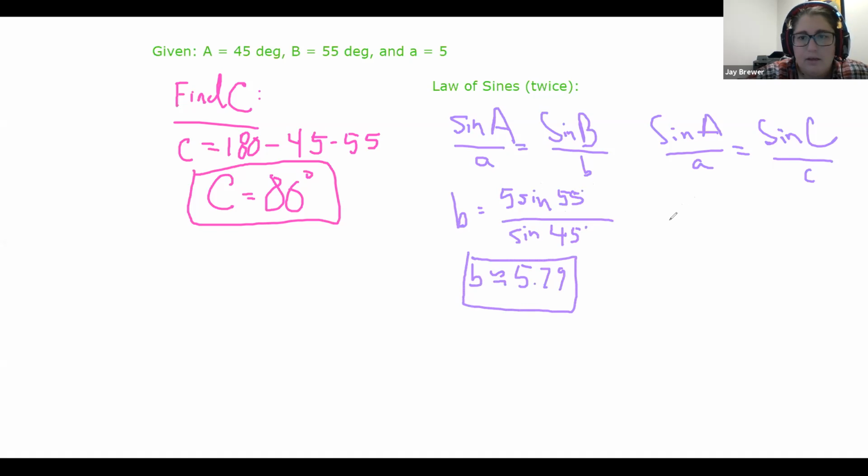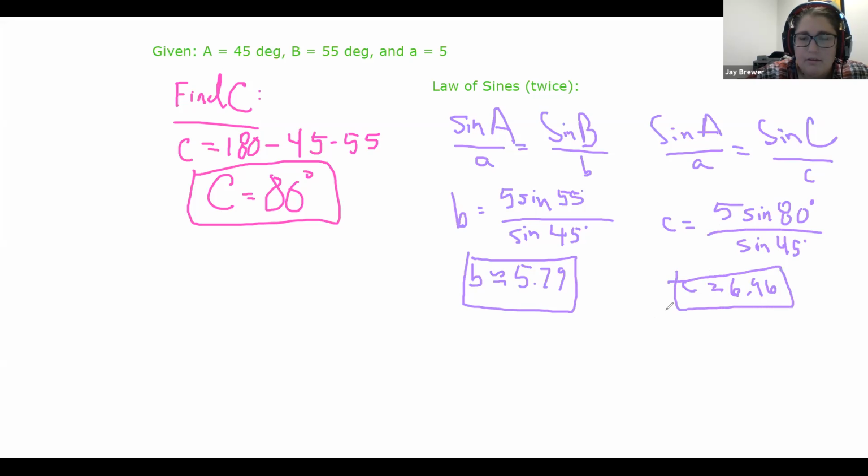Okay. And similarly, if we plug in, we're going to end up with 5 sine of 80 degrees divided by sine of 45 degrees. So c is approximately 6.96. Okay.